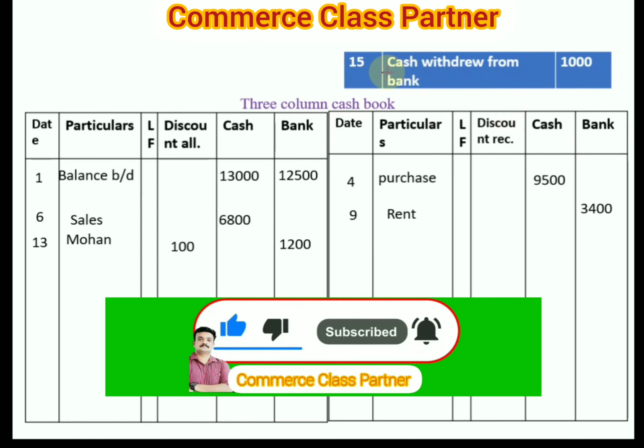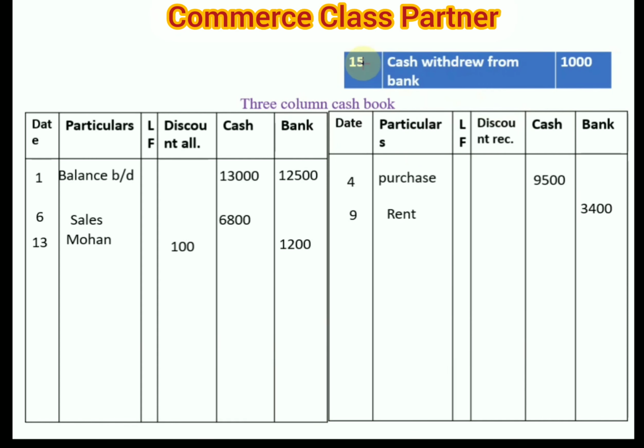Let us take the next transaction, that is on the 15th date, cash withdrawn from bank rupees 1000. We have withdrawn cash from bank. This is the case of contra entry. When we are depositing cash into bank, the journal entry is bank account debtor to cash. And in the case of withdrawing cash from bank, the journal entry is cash account debtor to bank.